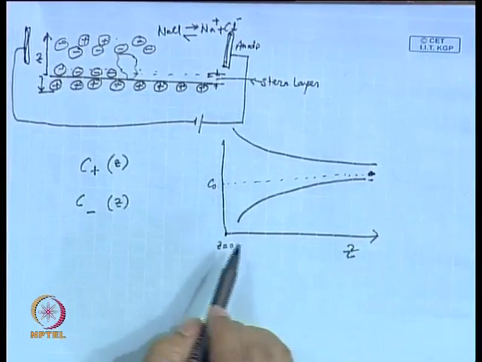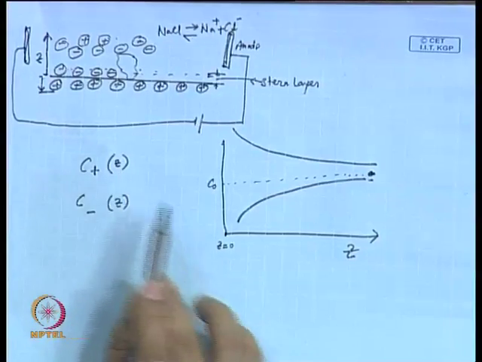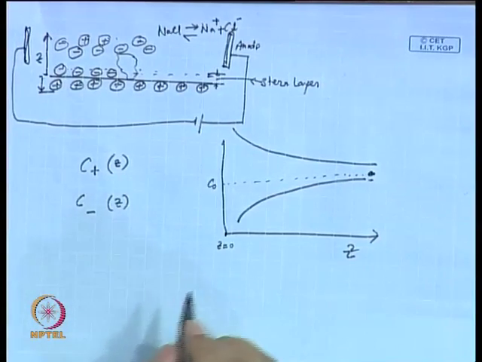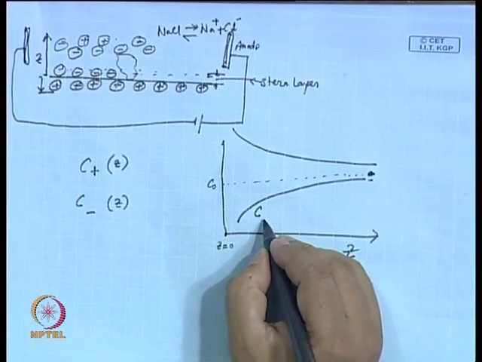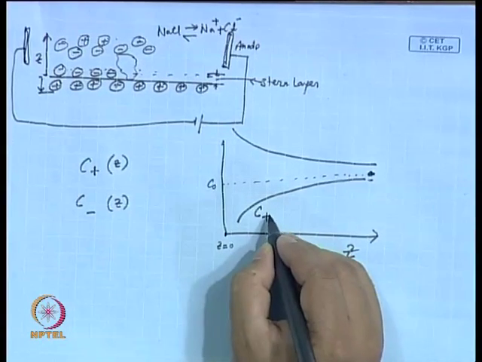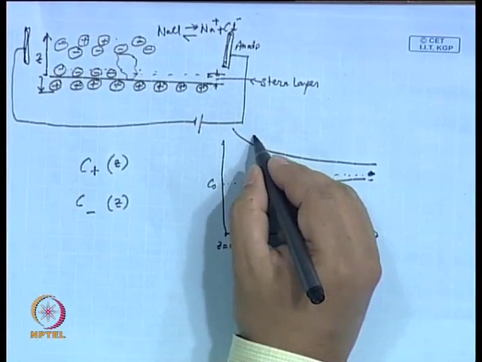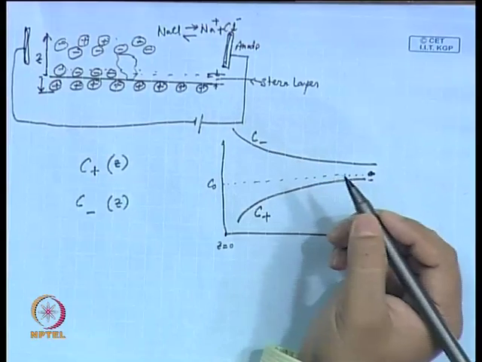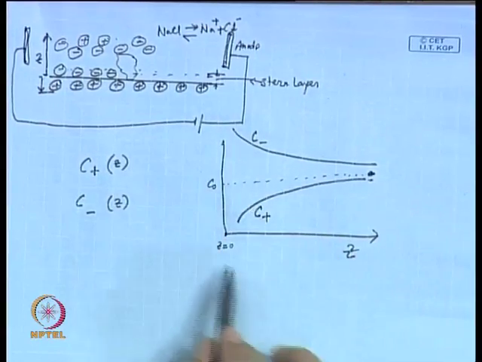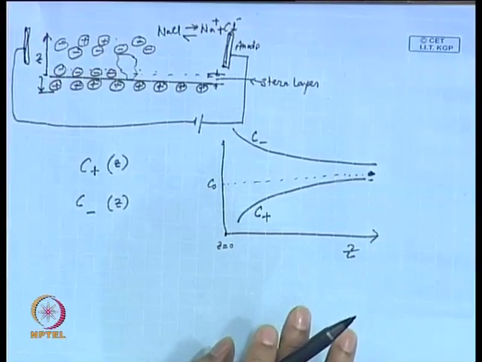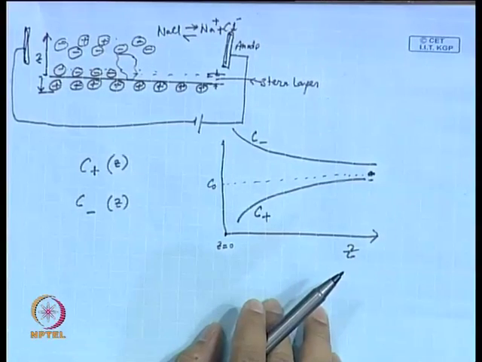One is for C plus and the other is for C minus. As per this picture, the bottom one is C plus and the top one is C minus.